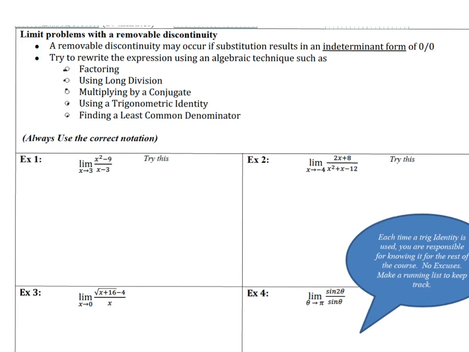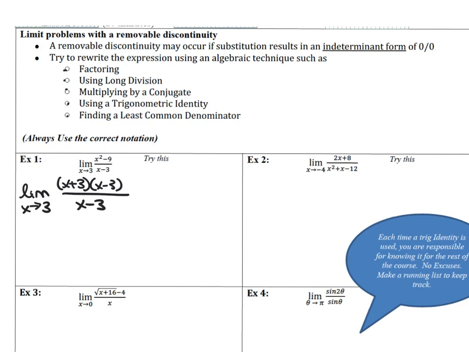So if we look at the first example, we'll substitute the 3 first to see if we do have an indeterminate form. And we have 3 squared minus 9, which is 9 minus 9 or 0, and that is clearly 0 over 0. So we'll go ahead and factor. We're going to use our correct notation. So the limit as x approaches 3, x plus 3 times x minus 3 over x minus 3.